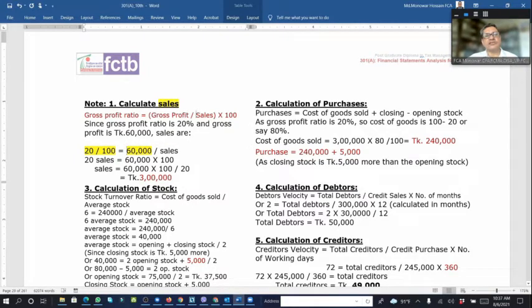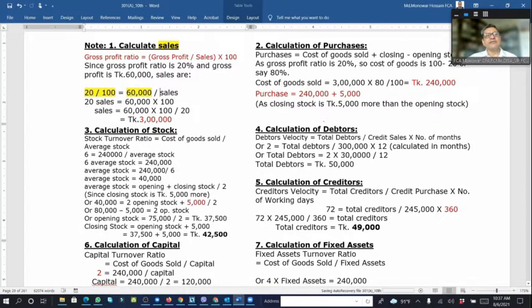So this is the sale. If we calculate the left side and right side, we will get total sale of 3 lakh. So what we found here is that 3 lakh is the sale.